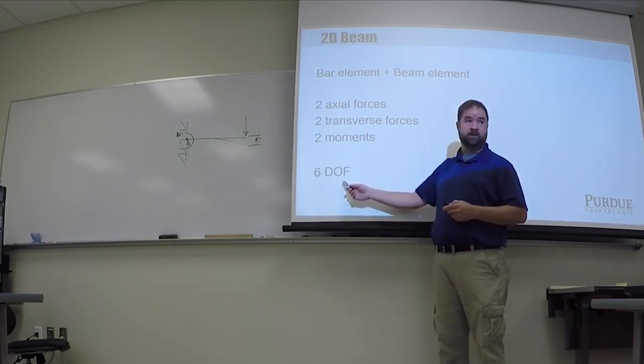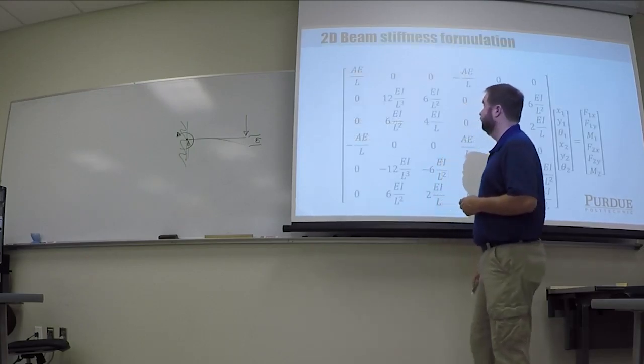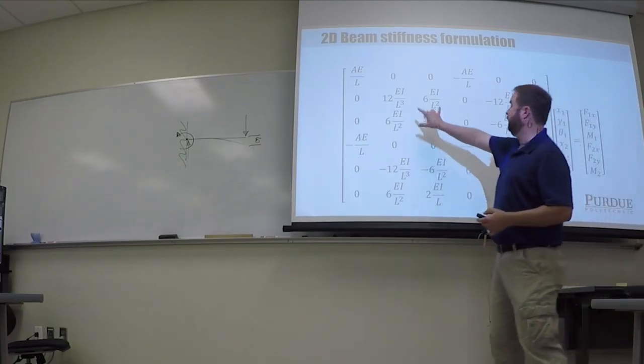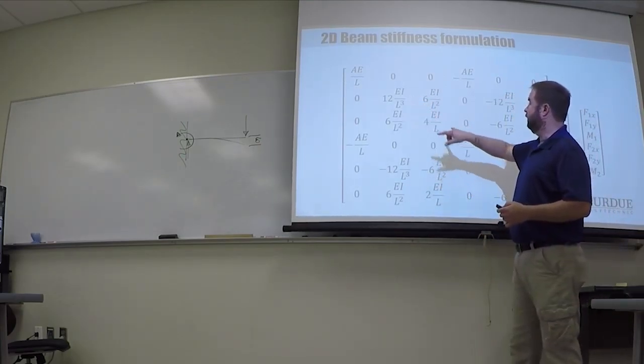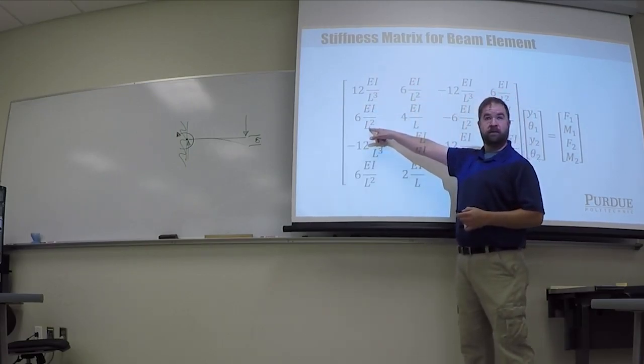How big is the stiffness matrix going to be for one element? 6 by 6. Okay? So it looks like that. I've got my 6 degrees of freedom. I have a 6 by 6 matrix. If you look at this really carefully, you see this part is just from this corner here.